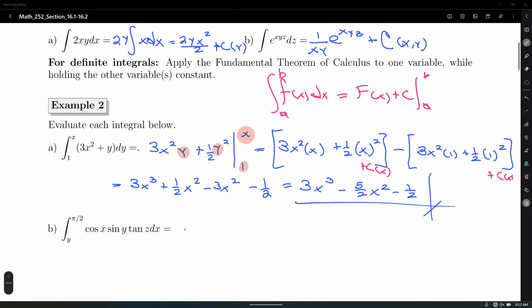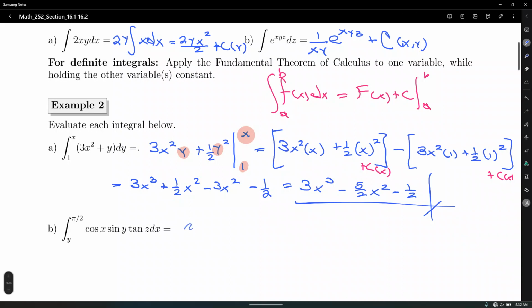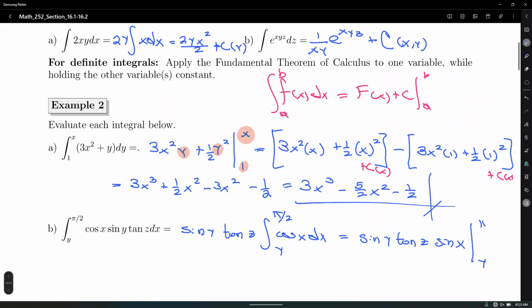That is, in this case, sine y tangent z, times the integral of cosine x dx from y to pi over 2. Okay, so the integral of cosine is sine, with a positive sign, so that'll be sine y tangent z times sine x, evaluated between y and pi over 2.